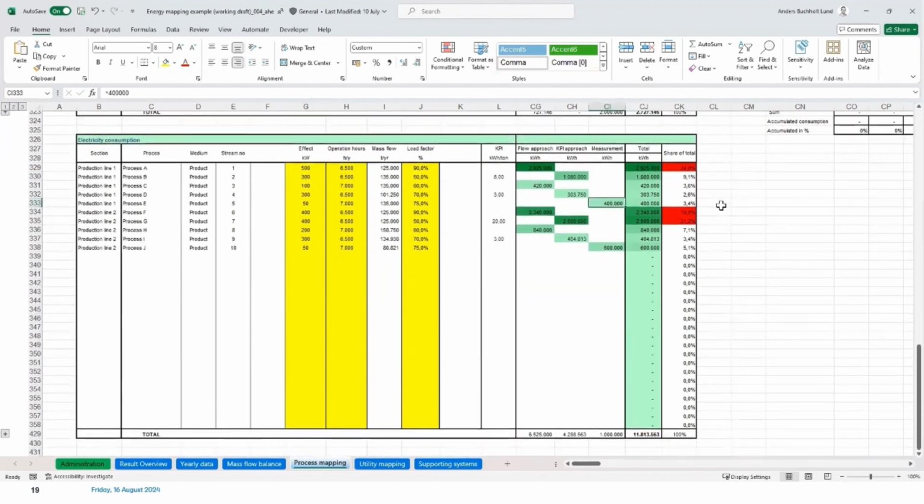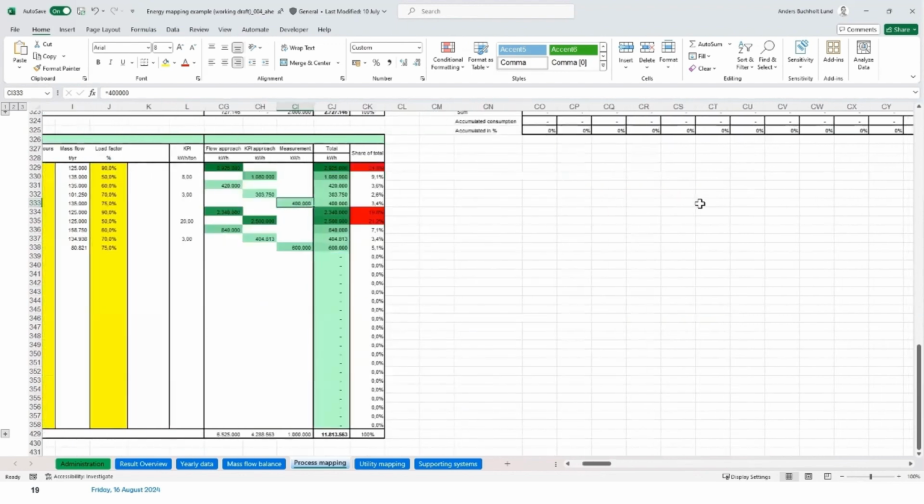And then one thing also when you're working with this sheet: keep in mind when you're working on the thermal part, on the right, there are a lot of additional columns, and we thought about maybe hiding them and locking them, but then the risk of making some errors is there when you don't see them.